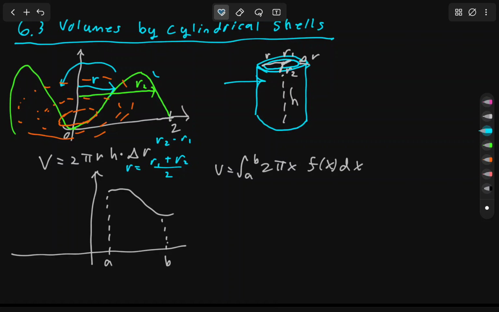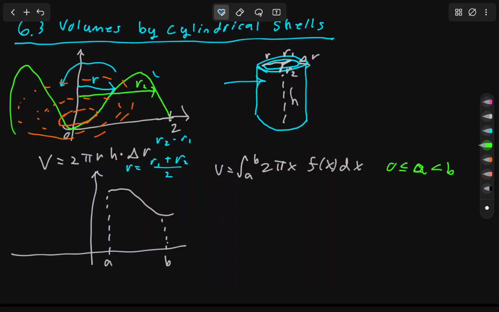When we take a limit as this goes to infinity, we get the definite integral from a to b of 2 pi x f of x dx. It's important to note that a needs to be greater than or equal to 0, and b has to be greater than a.